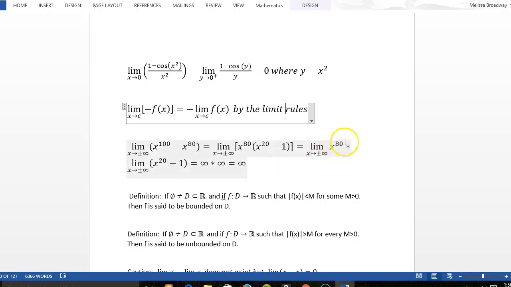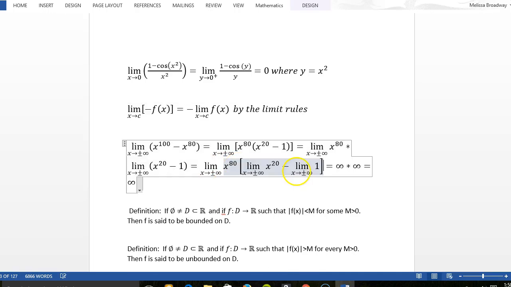Likewise, this guy right here is positive infinity, because either positive or negative infinity raised to an even power is positive infinity. So we get positive infinity times positive infinity, which is positive infinity, and we're done.